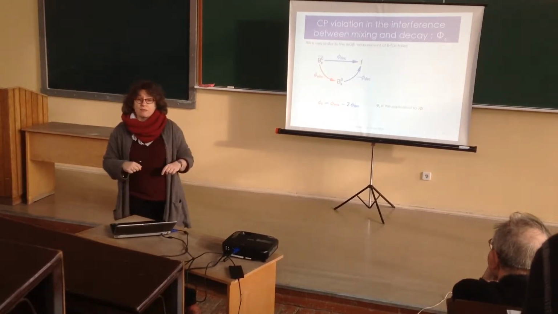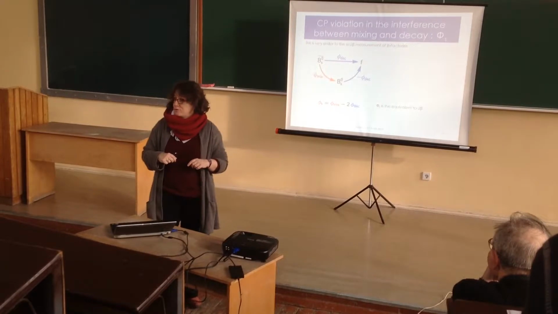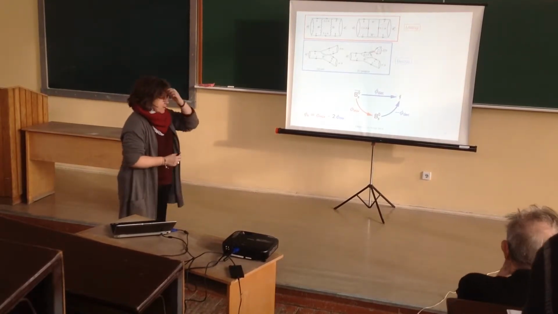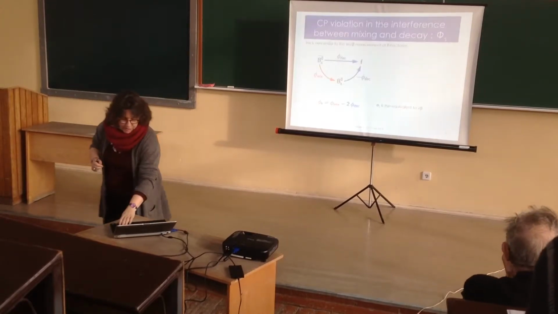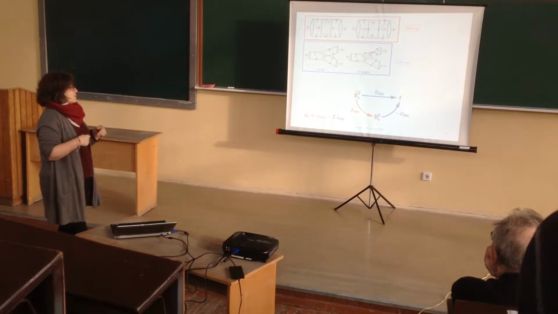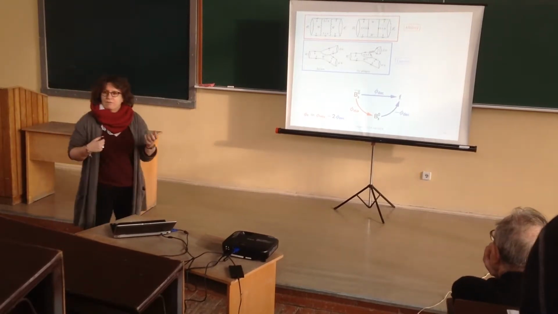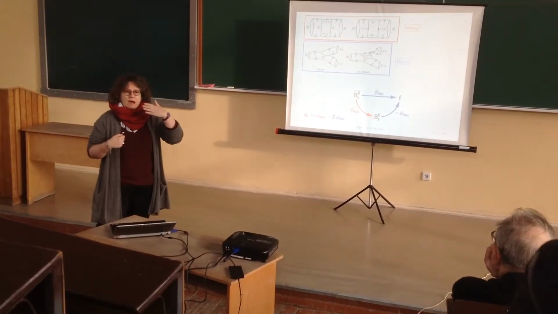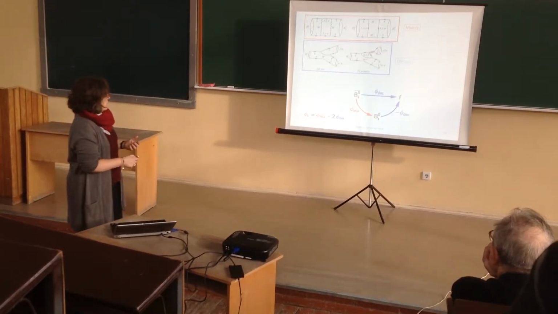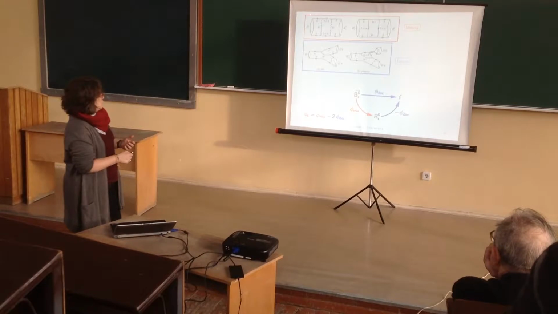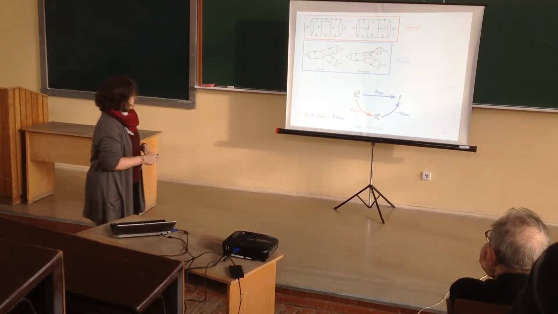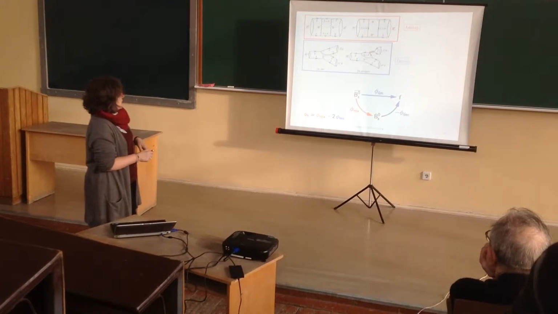Of course, as yesterday, you can stop me and ask questions. Okay, so this was in a pictorial way. Now we can draw the Feynman graphs which give these two effects, the mixing and the decay. For the mixing, as we already said several times, both Sergei and myself, these are box diagrams here.